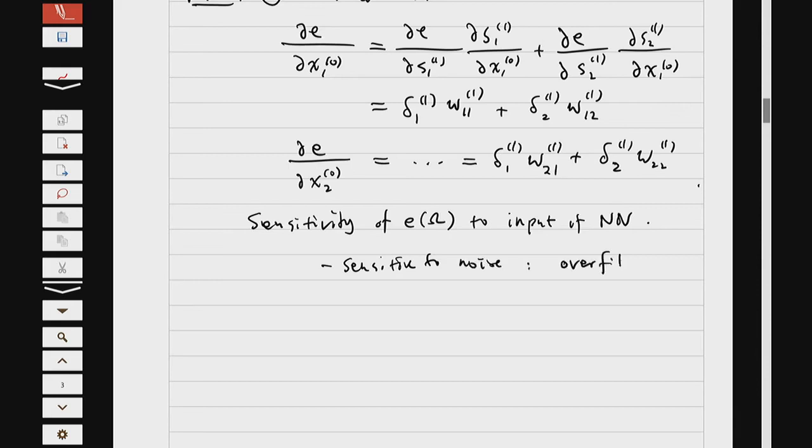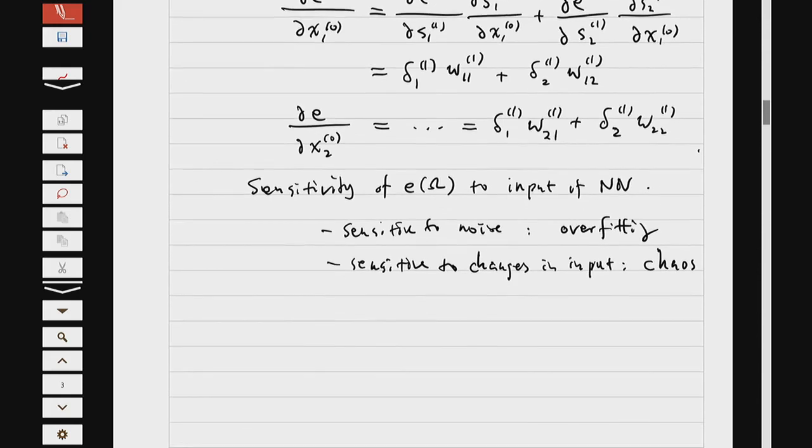We've seen that before. And if you are very sensitive just to changes in the actual input, even though it's not noise, then we risk getting a chaotic system. So that's the first thing.